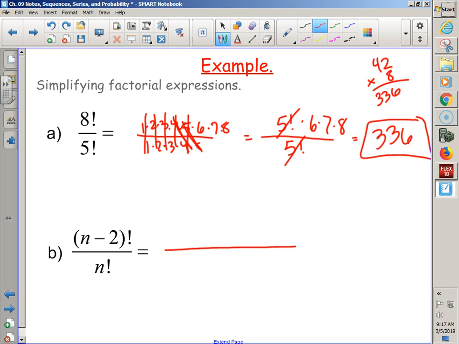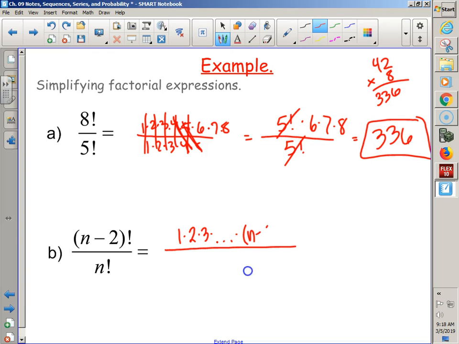The bigger one for factorials holds the smaller one, right? Like a part of 8 factorial was 5 factorial. So if n factorial is the bigger one, doesn't it hold within it n minus 2 factorial? So this is going to be 1 times 2 times 3, all the way up to n minus 2.